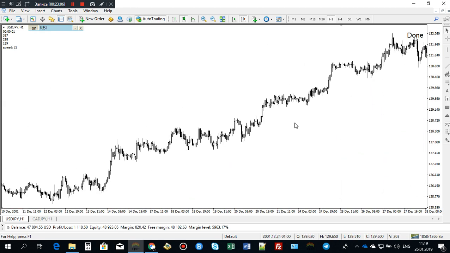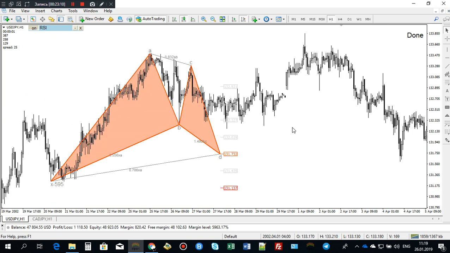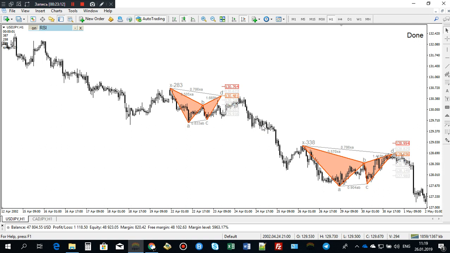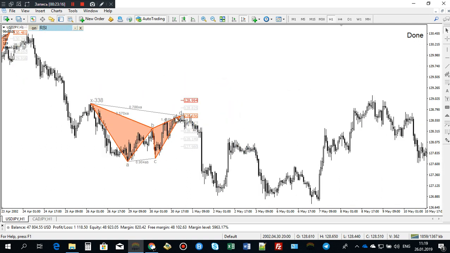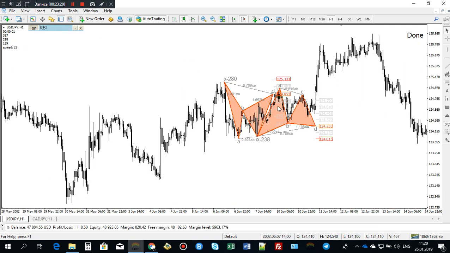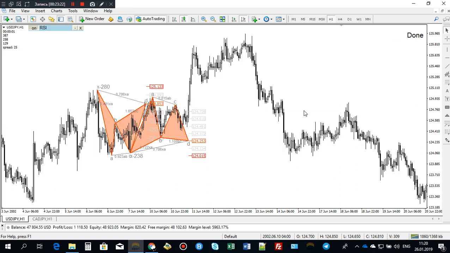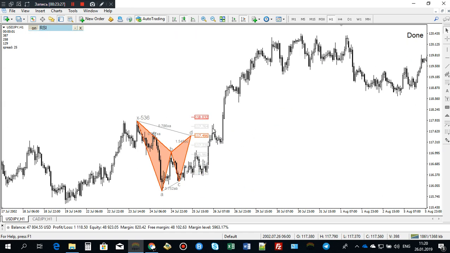Then we go. Nothing here, invalidated. Did it complete or not? No. This one did complete. Time price win. Okay, time price win, didn't complete. Nothing. Going here, what is this?